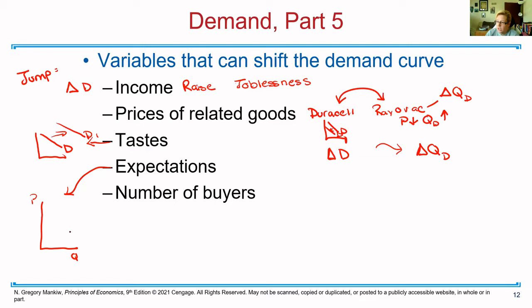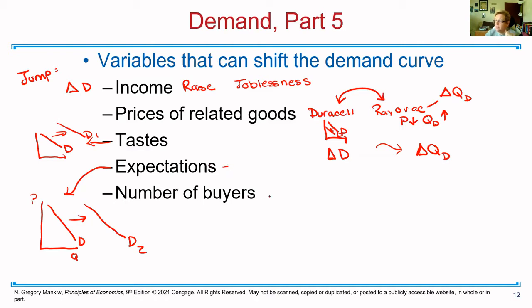I can tell you that the demand for toilet paper did this, right? To a whole different graph. Why? Because people expected it wouldn't be available, so they hoarded it today. Now, eventually the price might go up. But in this case, it was not an increase or a decrease in the price of toilet paper that caused the shift in demand. It was people's expectations.